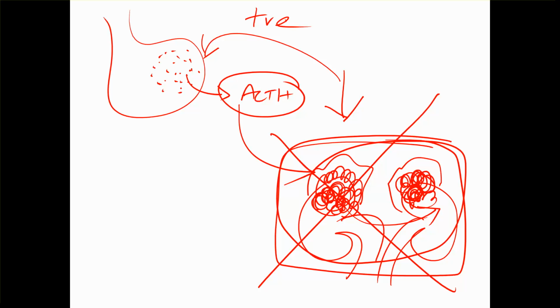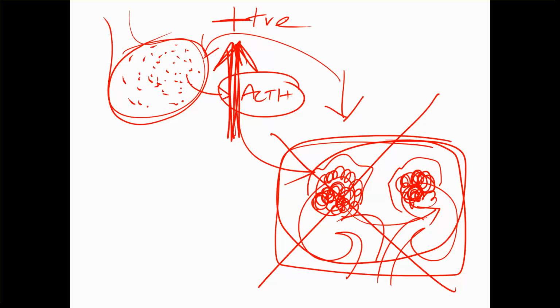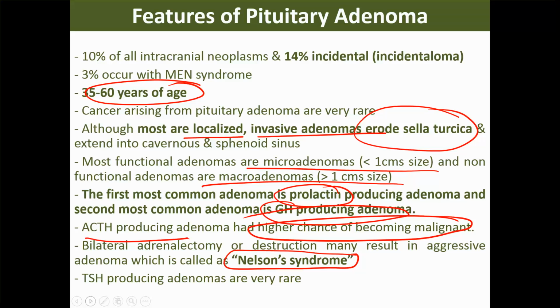So the ACTH is released, but there is no end hormone, so there will be strong positive feedback again, and they secrete more and more ACTH. So in the end they go for more hyperplasia, and in the end they result in adenoma. Okay, so this is called Nelson syndrome, and TSH producing adenomas are rare or very rare.